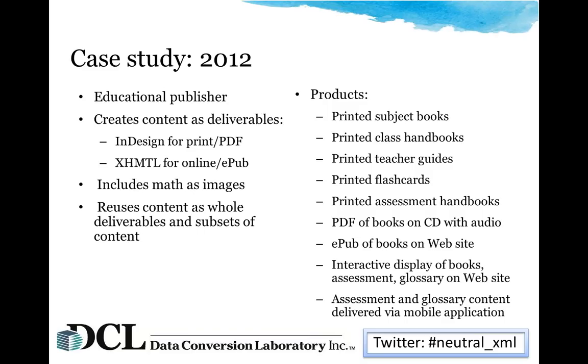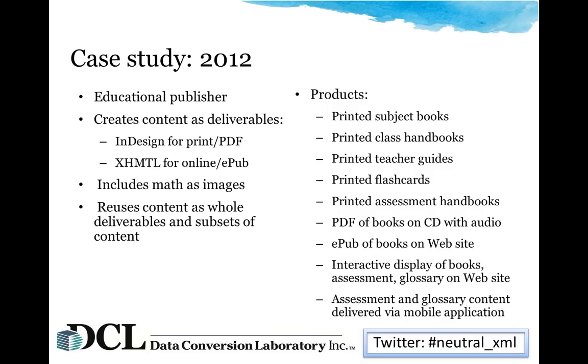Your products, you still have the same list of printed deliverables. Isn't that amazing that that hasn't gone away? Instead, you have more. You need to do PDFs of books, maybe for CD with audio. You have EPUBs on your website. You have interactive display of your books on your website that might have assessment, that you have tracked testing, that when someone takes a test, you keep track of it for them, and that you can say, oh, you got these 3 questions wrong, you need to go and look at this other material.